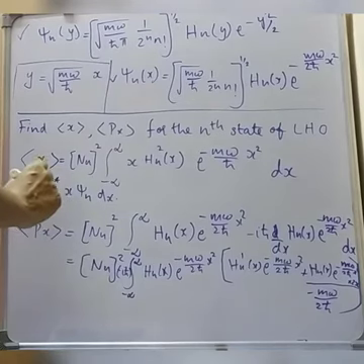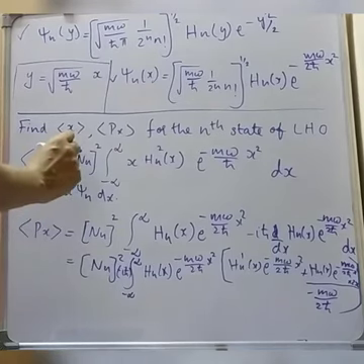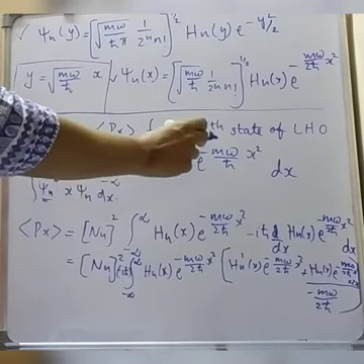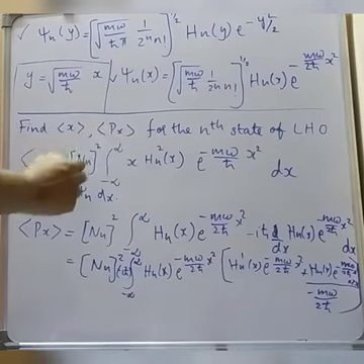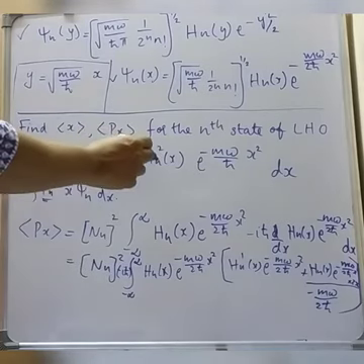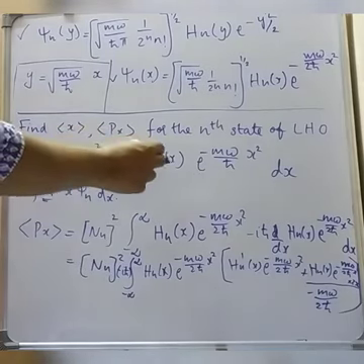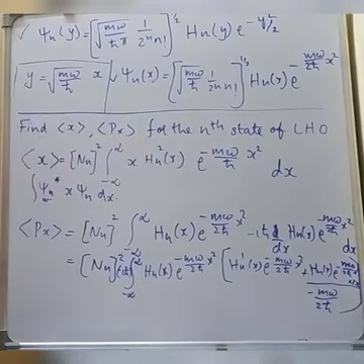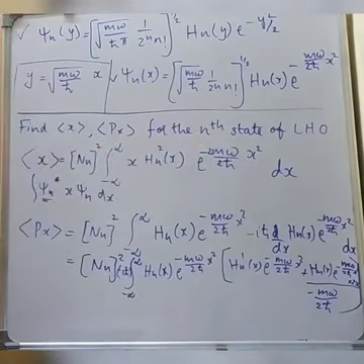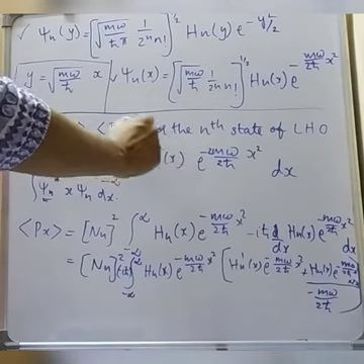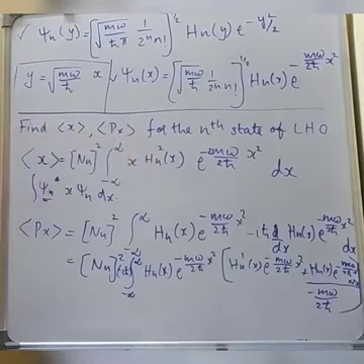From psi n star we have N star H_n of x e raised to minus m omega by 2 h cut into x square, then x, then again from psi n we have one more N H_n of x e raised to minus m omega by 2 h cut into x square. So we will have m omega by h cut, and here we have H_n square.